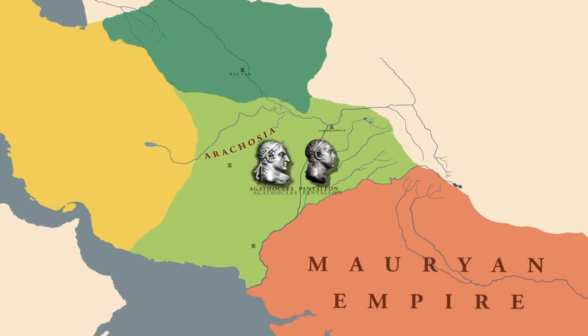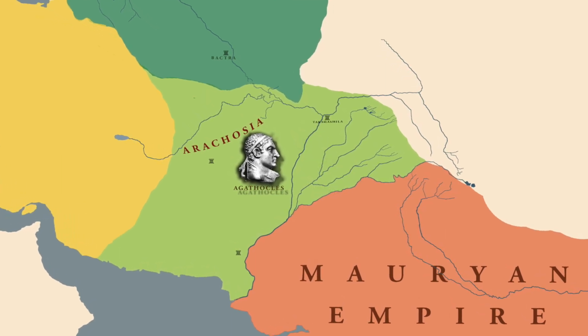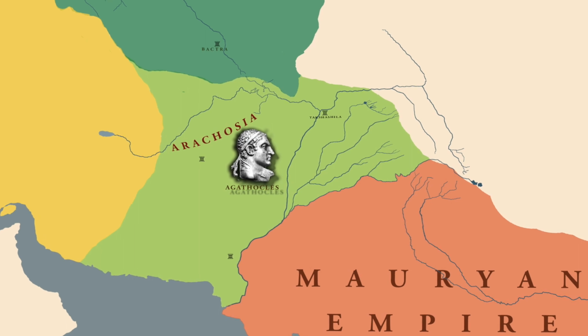Thus, the territories which were ruled by these brothers extended from Arachosia in the west to the Eastern Punjab, and their capital was Takshashila. We find that after some time, Pantaleon died and Agathocles remained the sole ruler of this large territory. Now let's see what happened in Bactria.